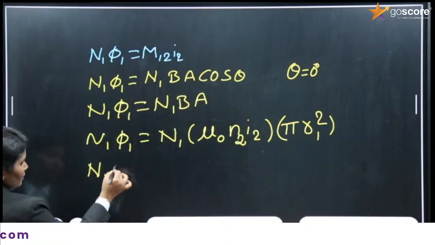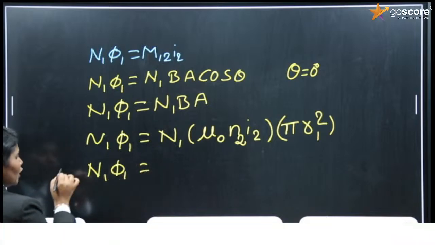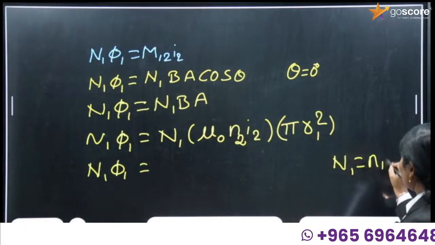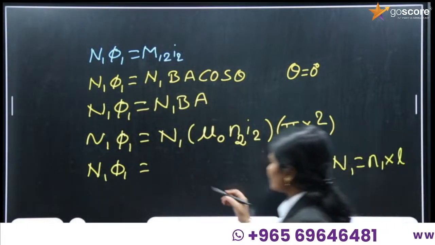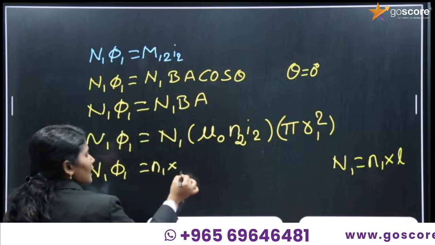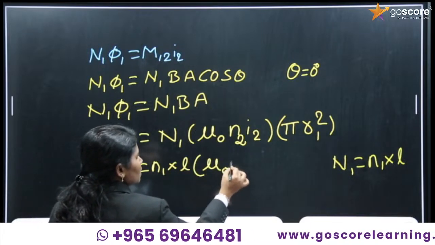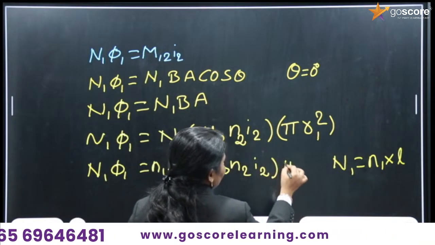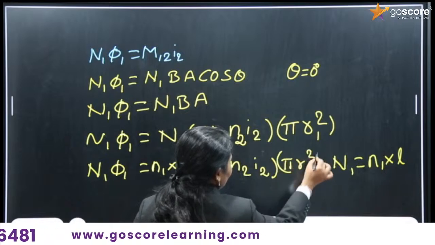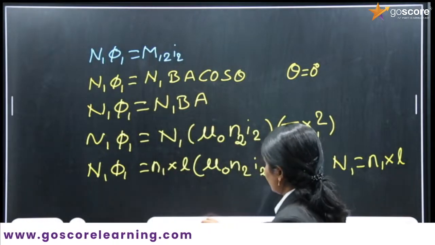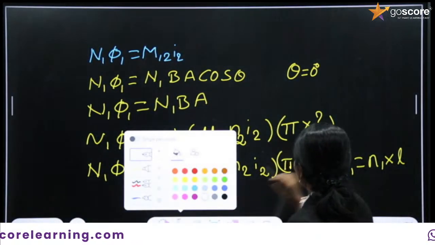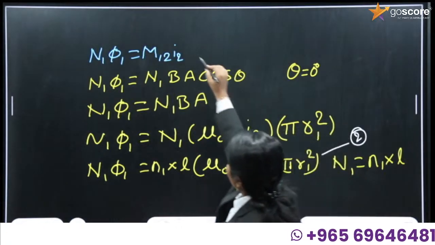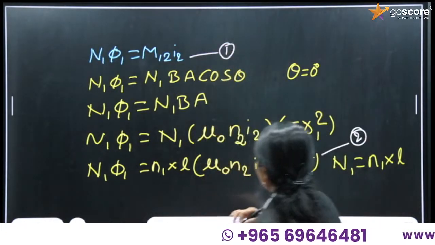Then N1 phi 1 is equal to, we know that N1 is equal to N1 into L. Then mu naught N2 I2 pi R1 square. This is the second equation, and that was the first equation.